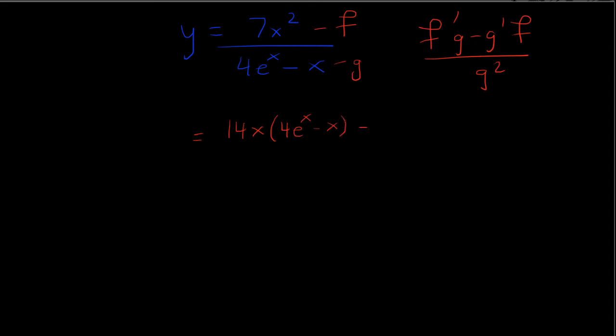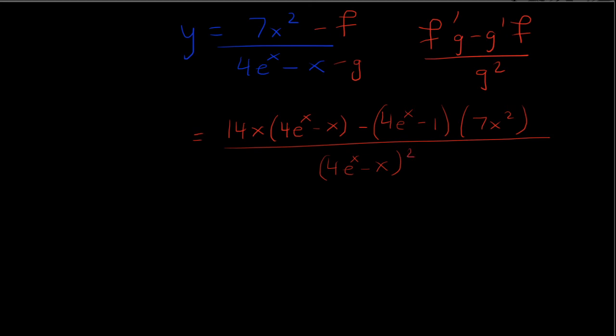Well, e to the x is e to the x, so that would be parentheses. So here, again, be careful with the parentheses. 4 e to the x, and then minus 1 times f all over 4 e to the x minus x squared. I'm going to distribute out to 14x.